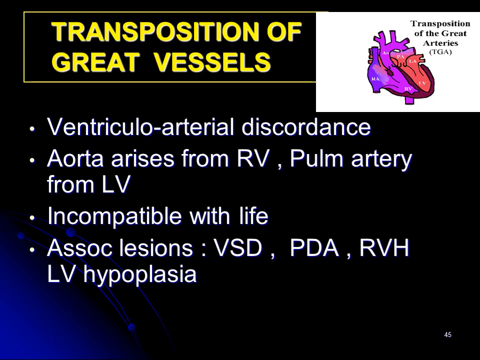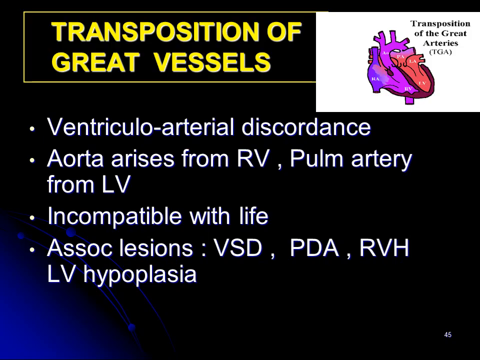Cyanosis develops early because blood fails to reach the pulmonary circulation. This is incompatible with life. Associated lesions like ventricular septal defect and patent ductus arteriosus may be life-saving, as this allows blood to enter the pulmonary circulation for oxygenation.